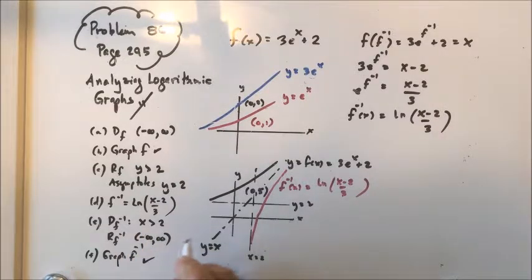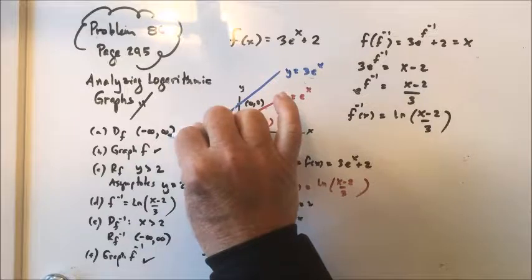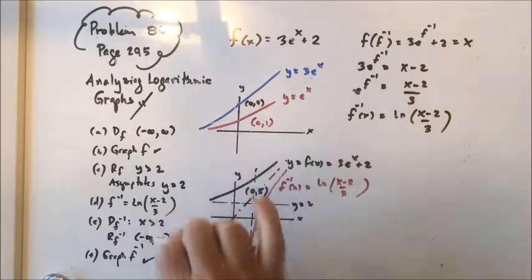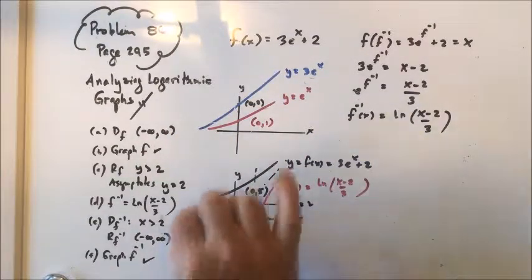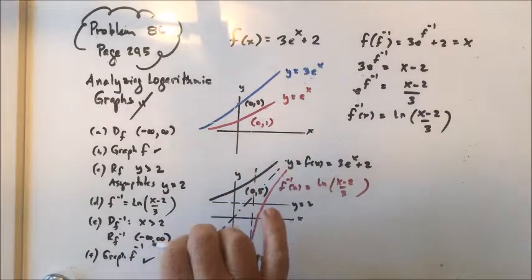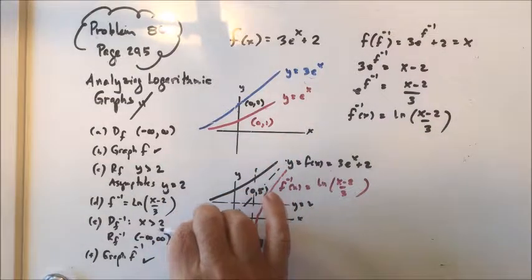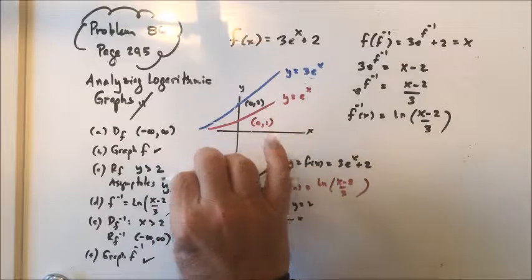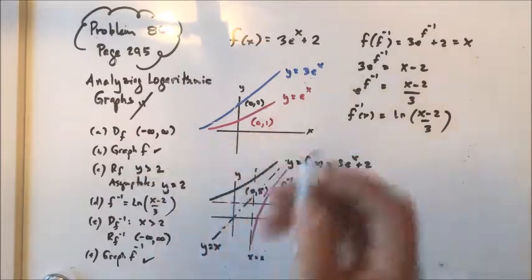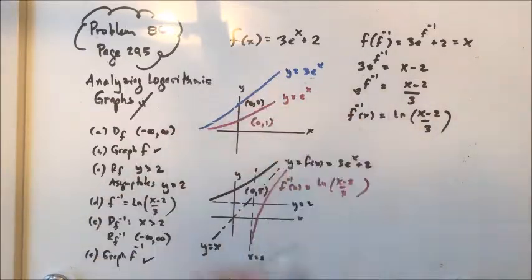And just as a double check, we see that the domain of f is the same as the range of f to the minus 1, both being minus infinity to infinity. And the domain of f to the minus 1 is the range of f, both being x or y greater than 2.